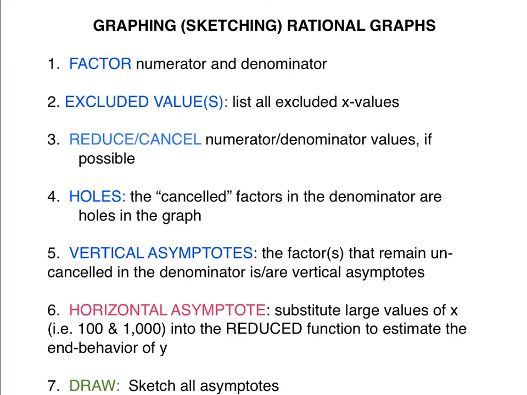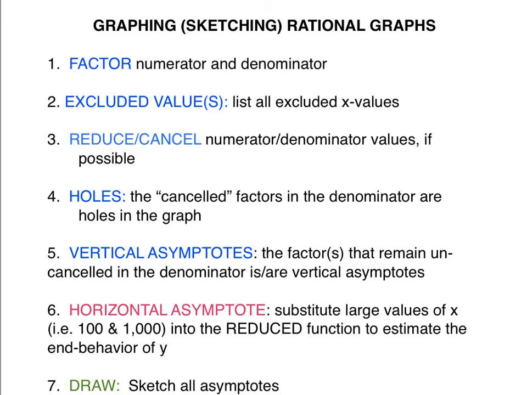If we have any canceling factors, these are going to be your holes, and you're going to want to keep those in mind and maybe label them as holes on paper. Your vertical asymptotes are going to be whatever factors remain uncancelled in the denominator. These are going to be your dotted vertical lines that you're going to sketch in your picture.